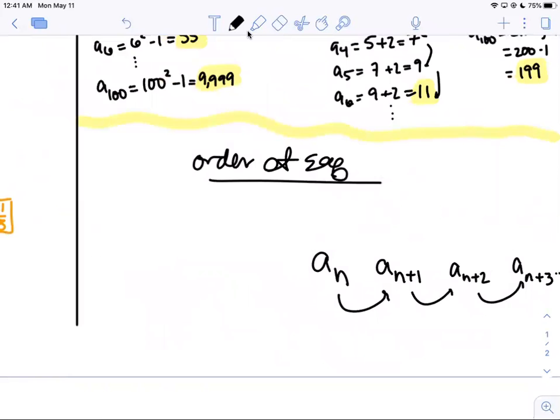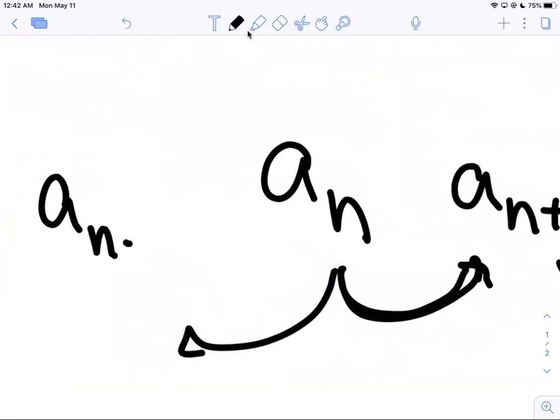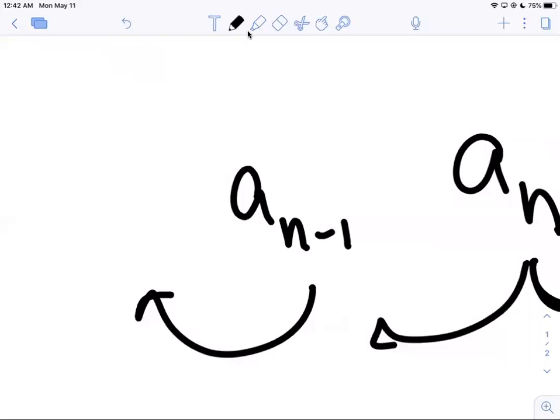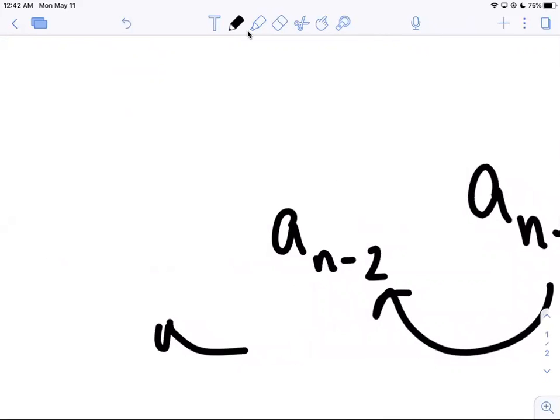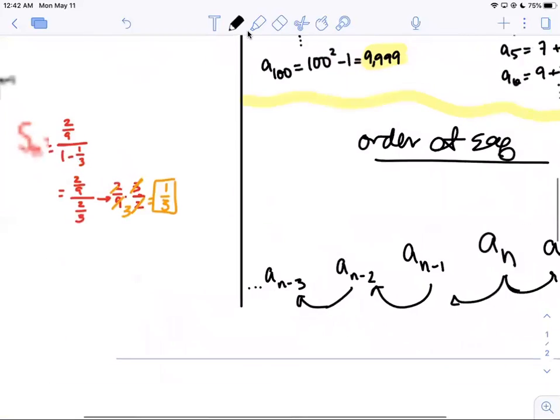If I was going backwards the other way, I'm not adding another term, I'm subtracting. So if I go this way, it becomes a sub n minus 1. If I go one more, it becomes a sub n minus 2. And then one more, a sub n minus 3, and on, dot, dot, dot, on both sides.